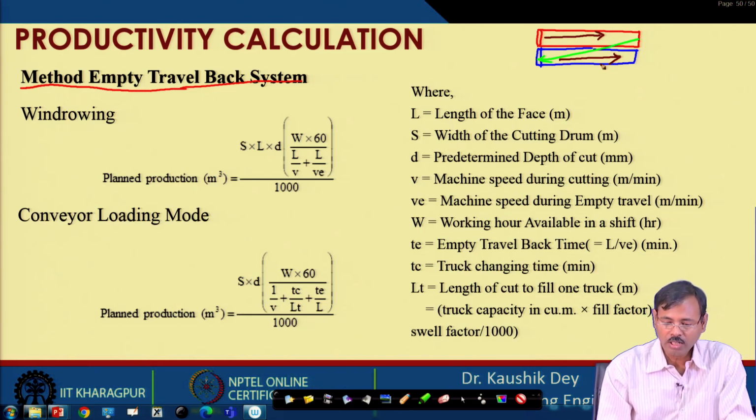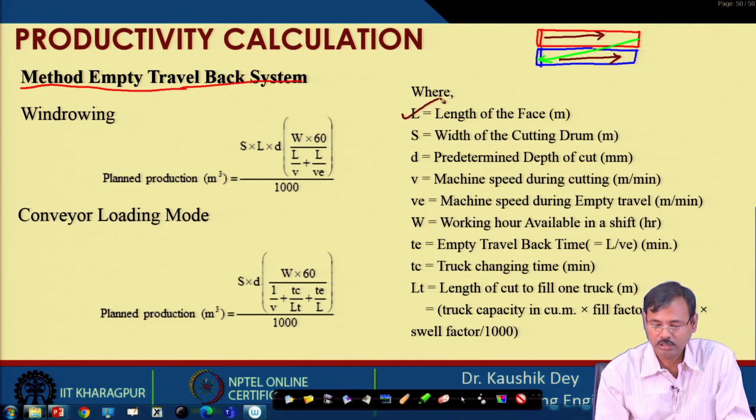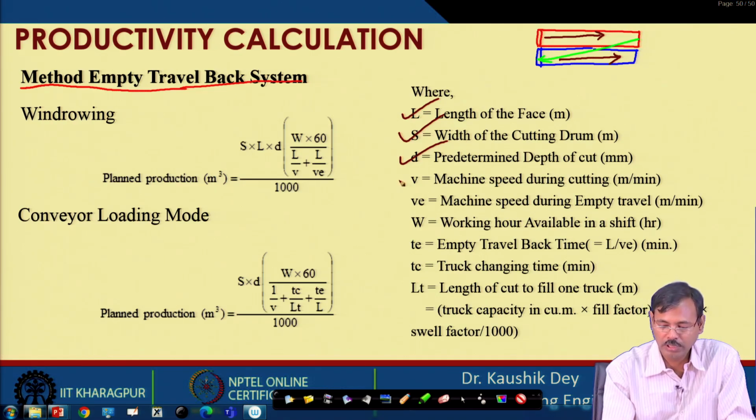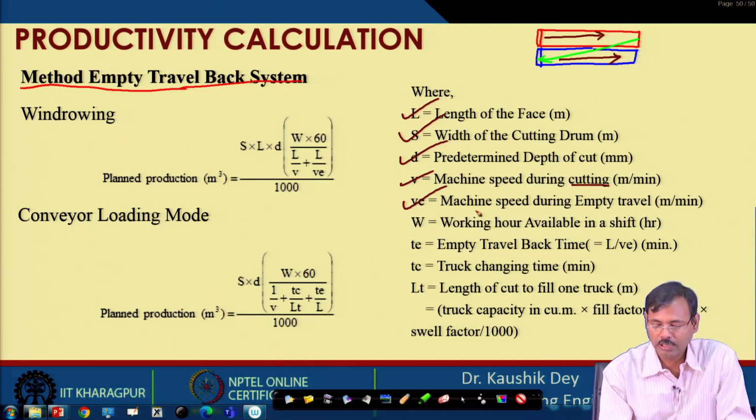So, L is our length of face, S is the width of the cutting drum, D is the predetermined depth of cut, V is the speed of the machine during cutting, V e is the empty travel speed, W is the working hours available in a shift, or whatever period we are interested in for the calculation.